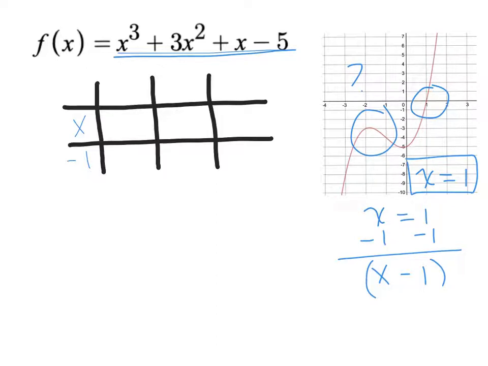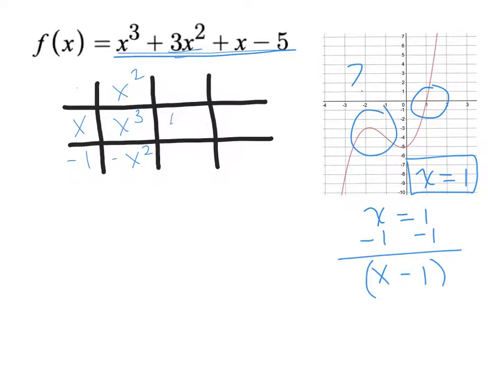So to start the box, you always put the first term in the first box. So we're going to put x cubed here, and then we're going to divide this out. x squared times x makes x cubed. That's how we get this first number. Remember, we're multiplying. And so we have negative x squared, but we need 3x squared.